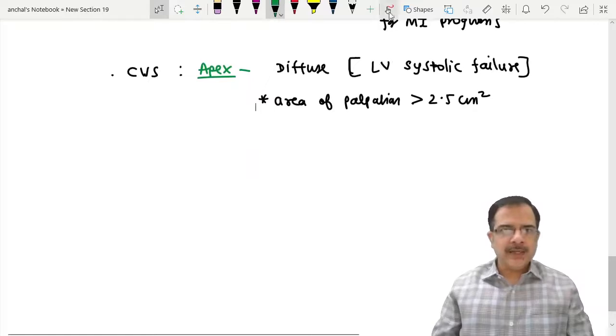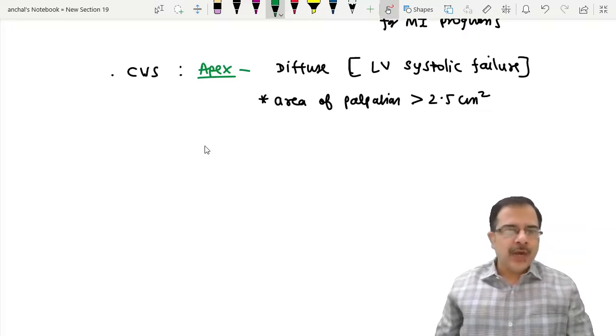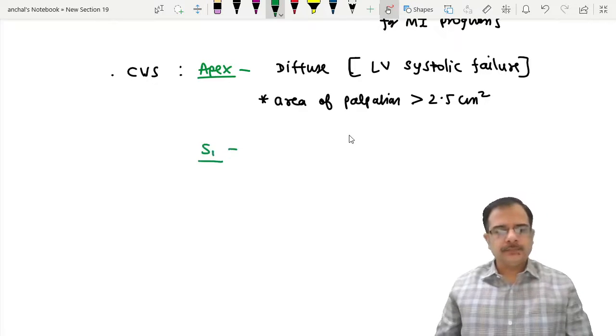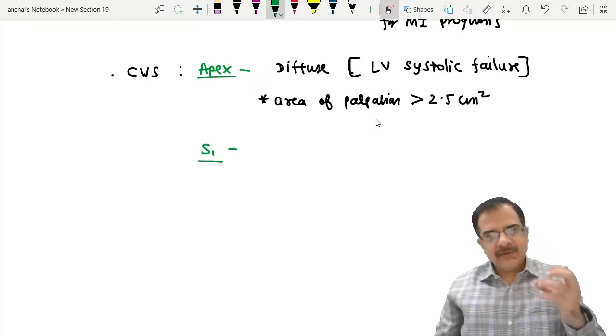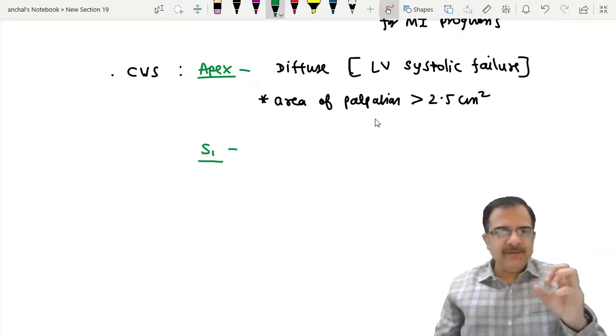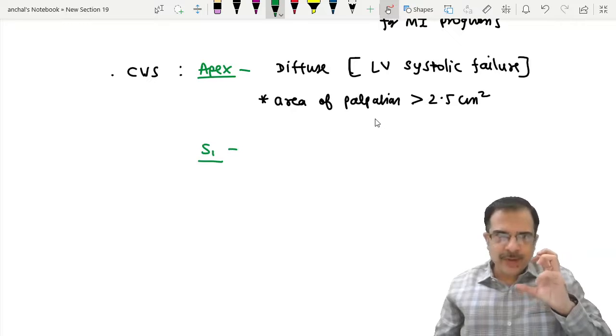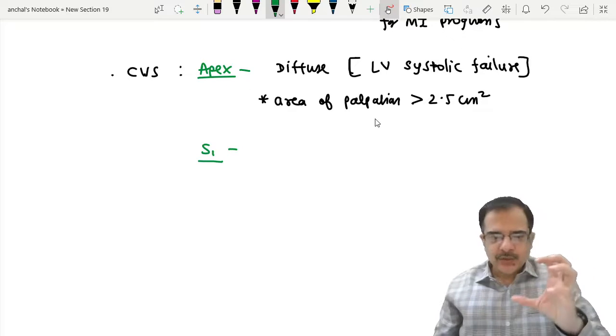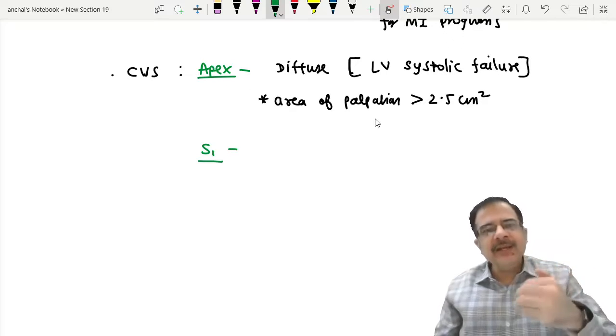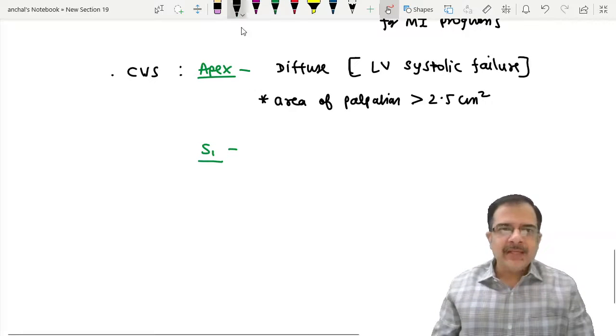Now, the other important cardiovascular signs are the heart sounds. Heart sound S1. S1, we all know, is due to the closure of the AV valve, and that AV valve is closed by ventricle contractions. So if ventricle contractions are weak, it will become soft. So S1 is typically soft.